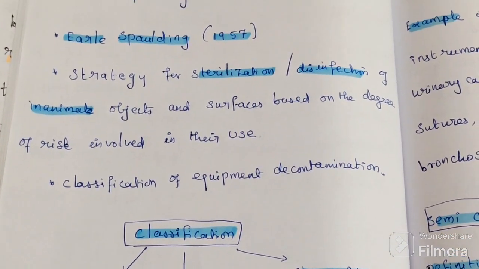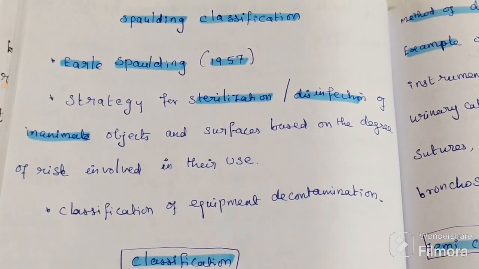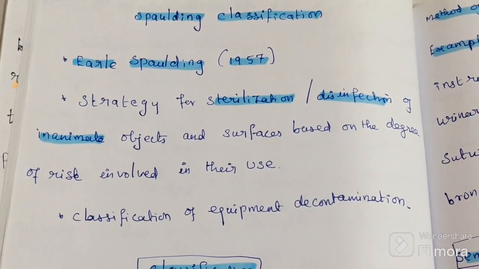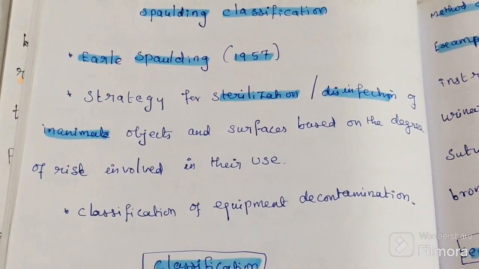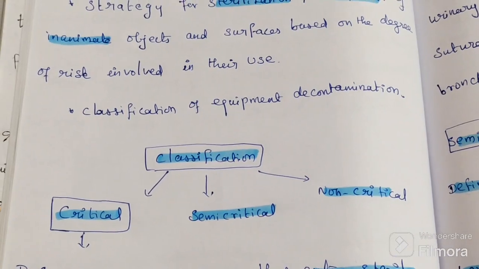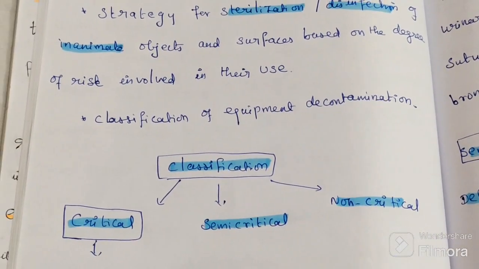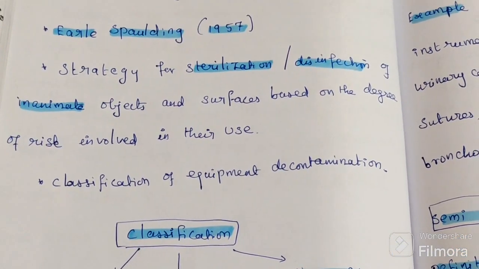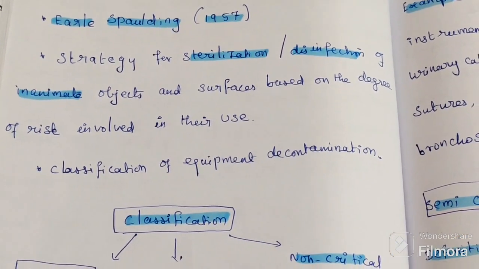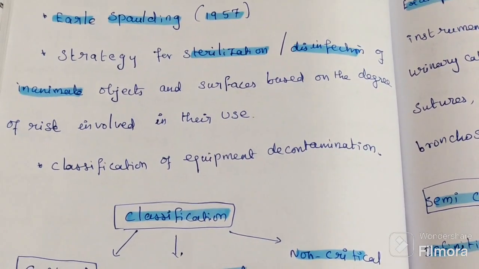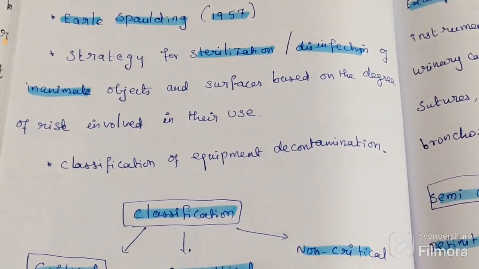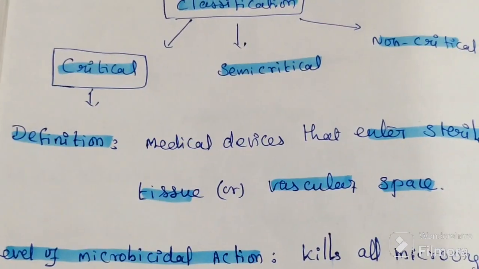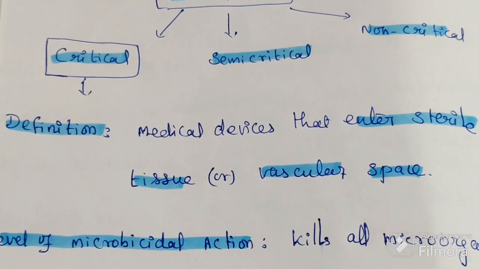Spaulding believed that the nature of disinfection would be understood on the basis of these criteria: critical, semi-critical and non-critical.